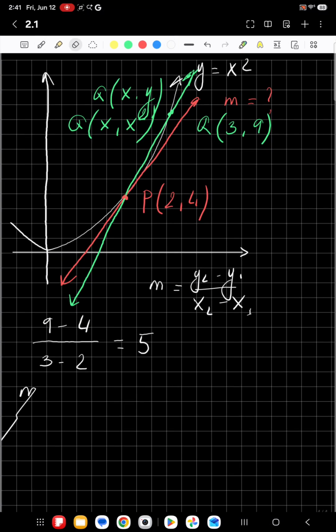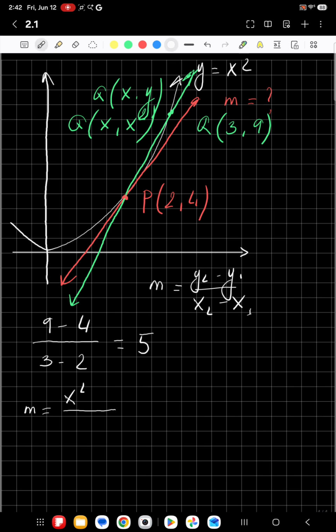So m is going to be x squared, and that x squared comes from this.